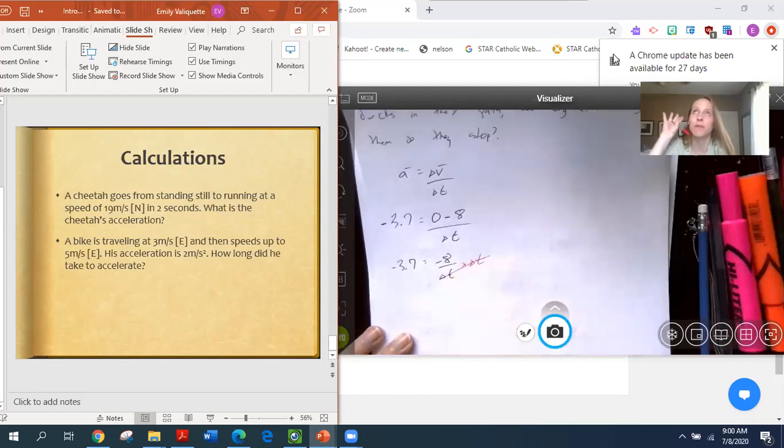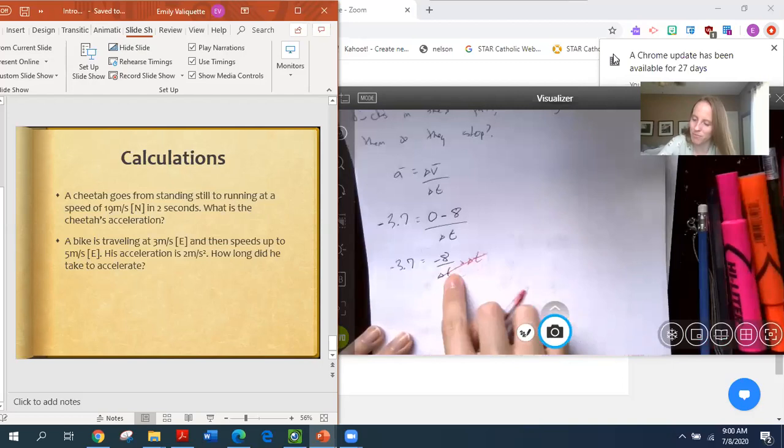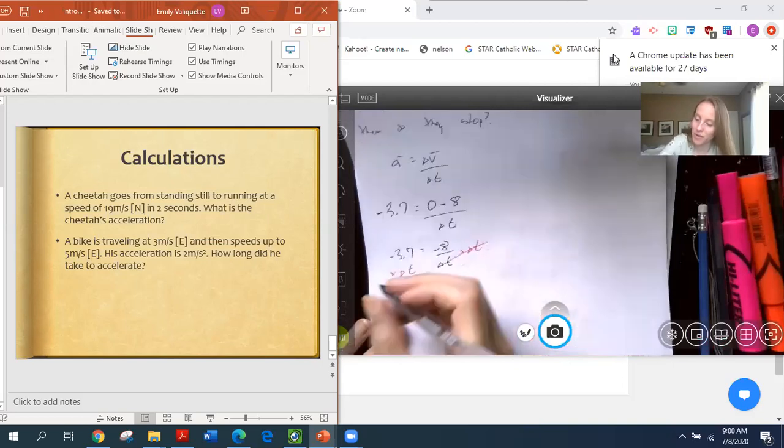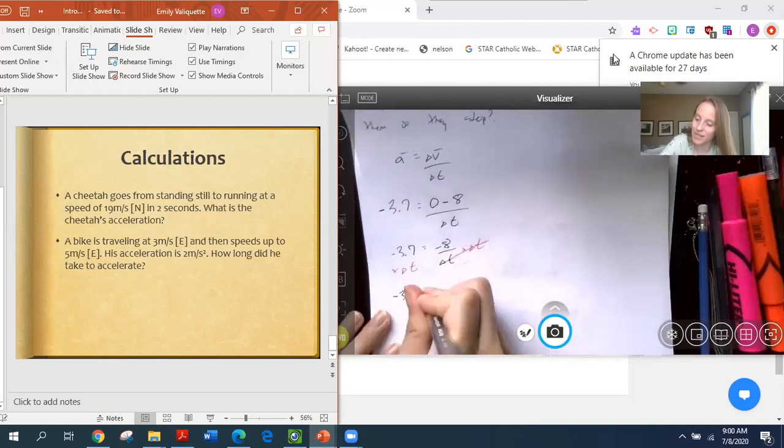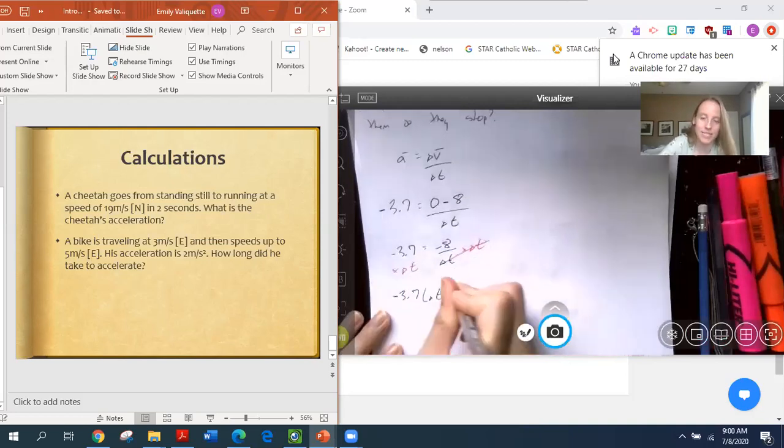That is like the most common mistake that I see in grade 9 math, in grade 10 math, in this unit in Science 10, even in Chem 20. People don't remember that the thing on the bottom has to move, even if it's the variable. They want to like multiply by negative 8 here. So try to remember that. Anyway, what I do to one side I must do to the other. So that gives me negative 3.7 times delta t equals negative 8.